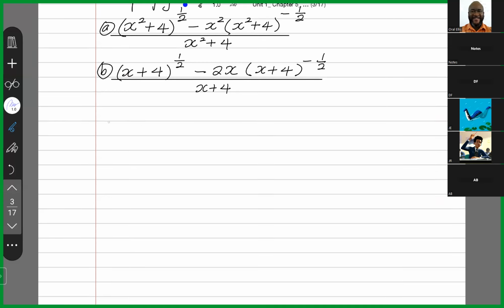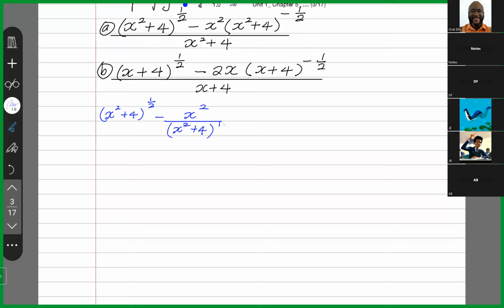This is (x squared plus 4) to the power a half minus x squared over (x squared plus 4) to the positive a half.